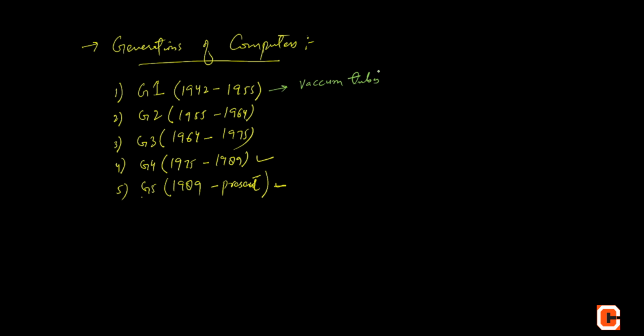The vacuum tubes were electronic switching devices. They were fragile glass devices using filaments as a source of electrons, and could control and amplify electronic signals. It was the only high-speed electronic switching device available in those days. So vacuum tubes were used in generation 1.